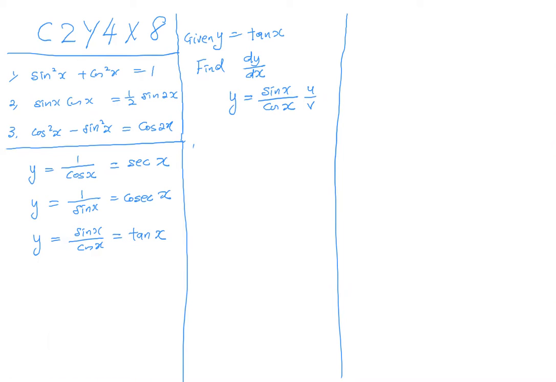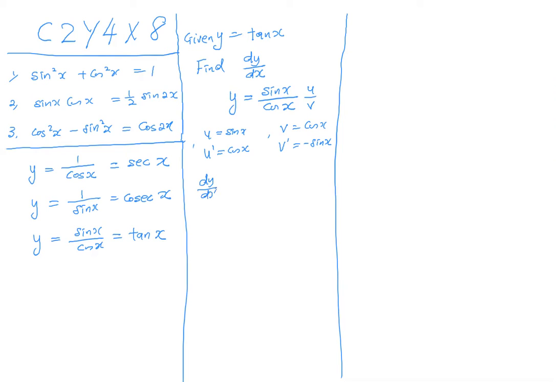Do you get the answer? So your u is sin x, so u prime will be cos x. Your v is cos x, your v prime will be negative sin x. The times one we didn't write.